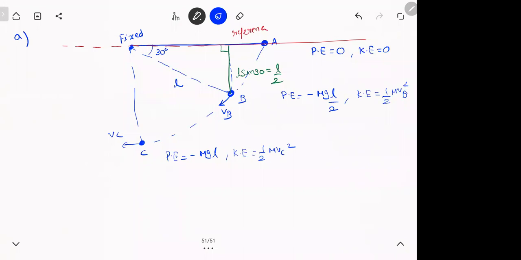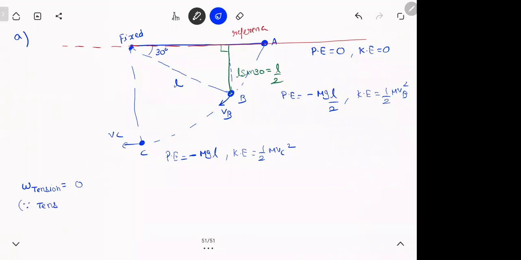Next thing, work done by all forces is 0. But there is a tension here. See, mg is not external force, but tension is an external force. What about the work done by tension? Anyone can tell me what is the work done by tension? It is 0. Why?